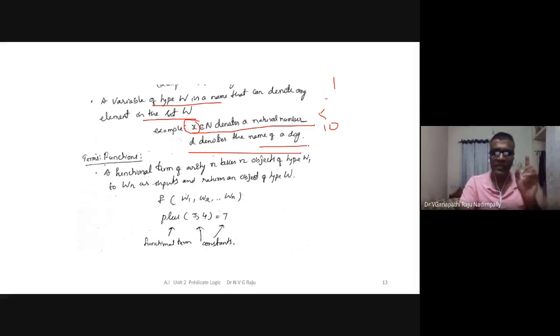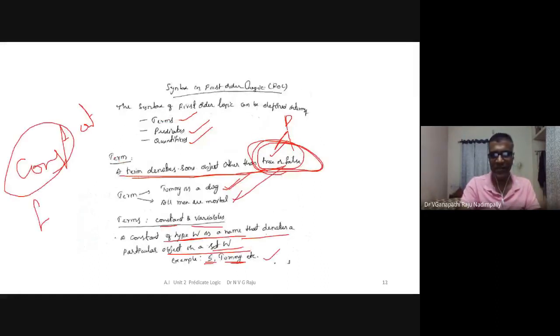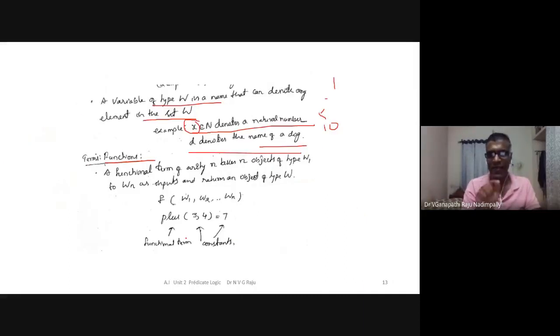Now functions can also be represented in the form of terms. Please look here. In the previous slide, I told you what a term is: a term is some sort of object other than true or false. It can be a constant, it can be a variable. Now I am introducing a term as a function. A functional term of arity.